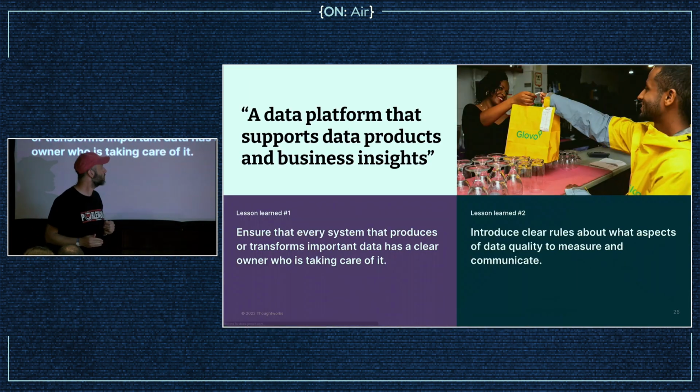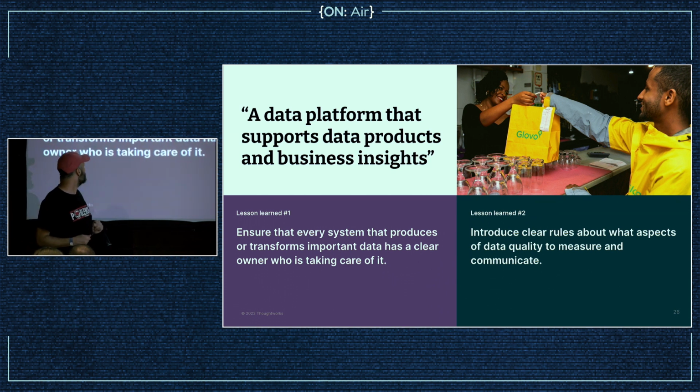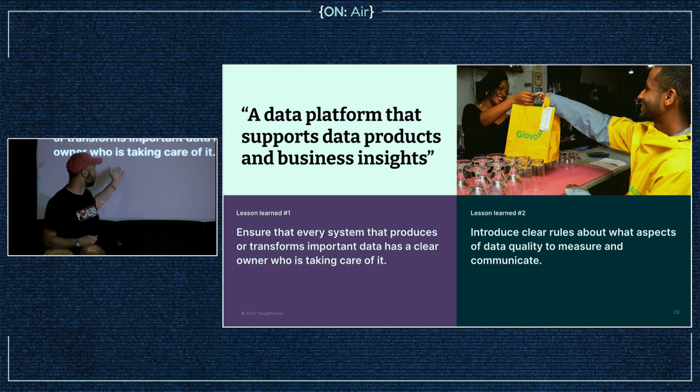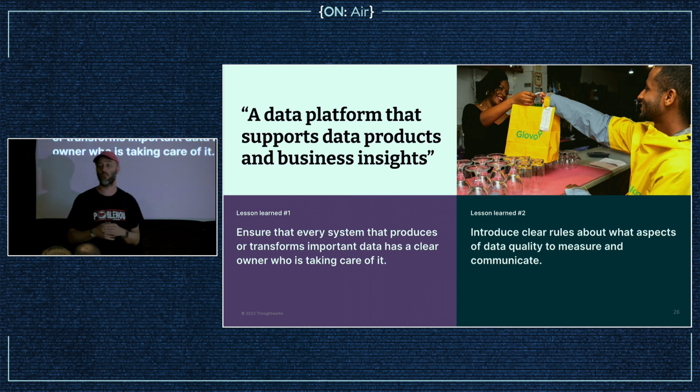So the two big lessons that we learnt while working on data mesh with Glovo: one is that every system that produces or transforms important data needs to have a clear owner. When you're a scale-up, there's a lot of things to do, there's a lot of priorities, there's a lot of systems being built, people are moving around, we're doing something different than we did before.